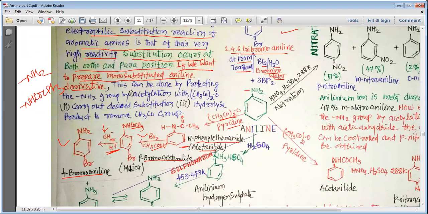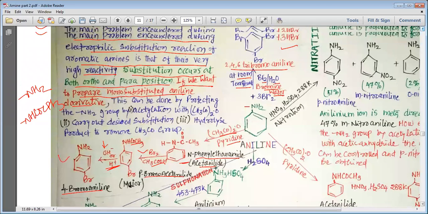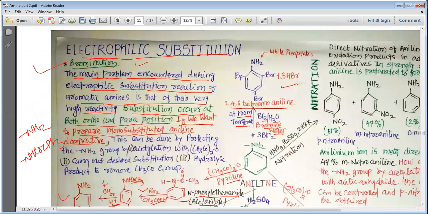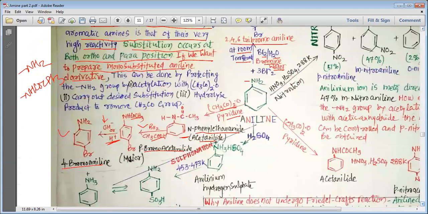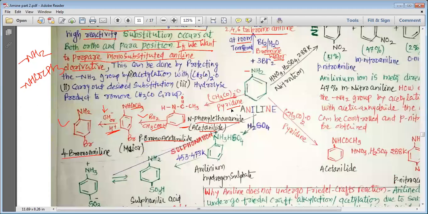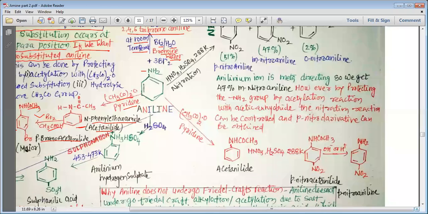So this is how, my dear students, instead of directly getting 2,4,6-tribromoaniline, we can produce para-bromoaniline by first using acetylation and then bromination, so that we get the monobromo product. So these are the wonderful reactions that we should remember.